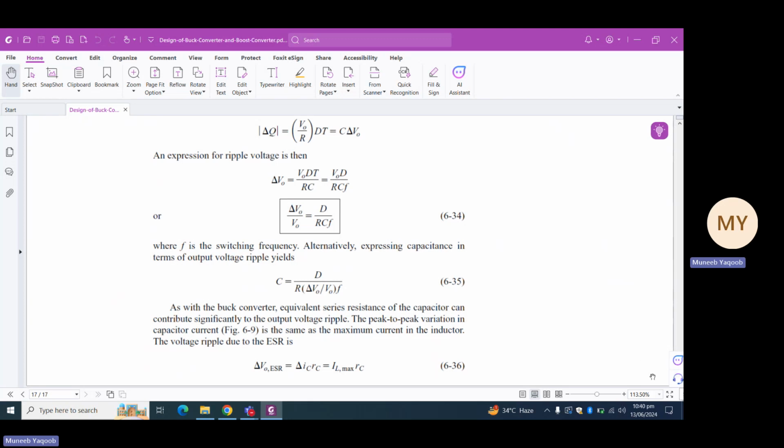So that was all about the boost converter. In the next class, we will perform some numericals related to the boost converter and discuss the design considerations of the boost converter.